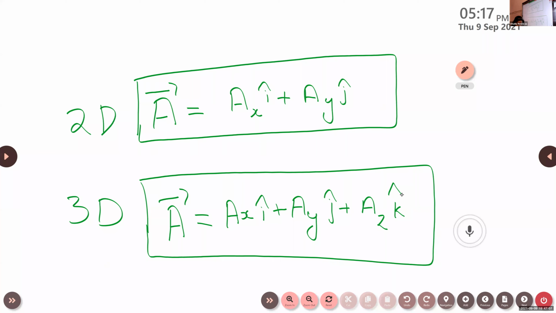The questions will be like this. If vector A is equal to 5i cap minus 3j cap, we want to calculate the magnitude of the vector. Suppose the question is like this.